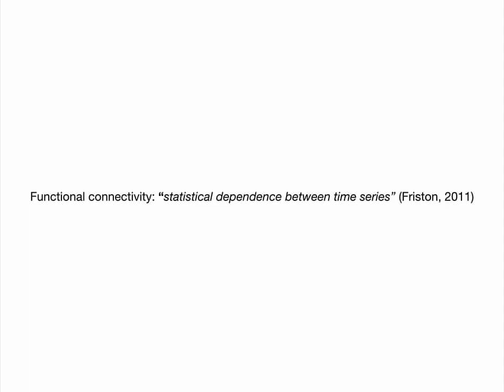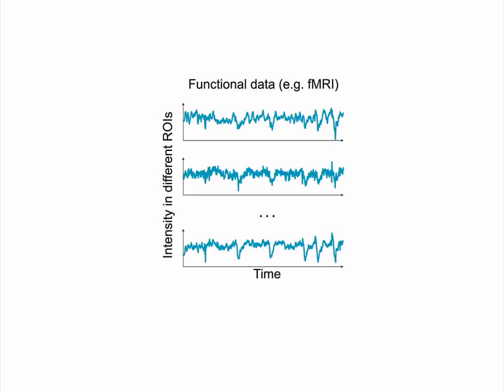And so when you are dealing with functional data, that typically looks like this and consists of different time series that reflect more or less directly the level of neuronal activity in different regions of the brain, you have different ways of computing functional connectivity because statistical dependencies can be computed in many different ways.